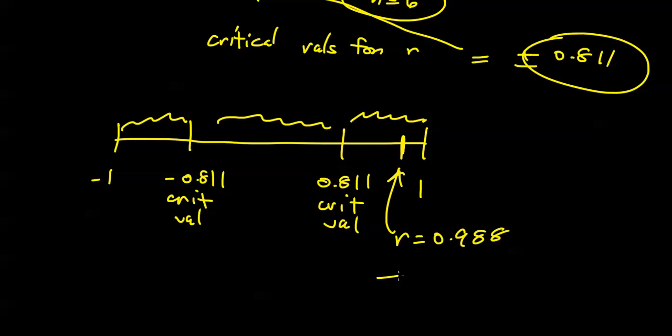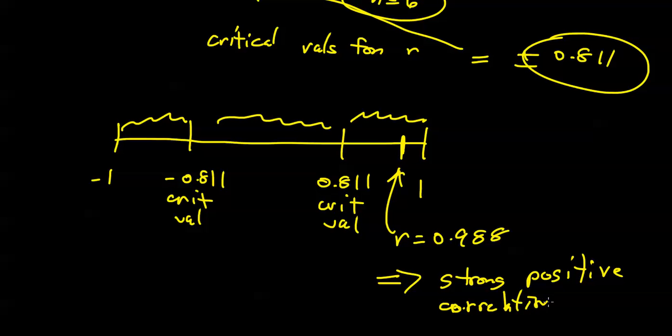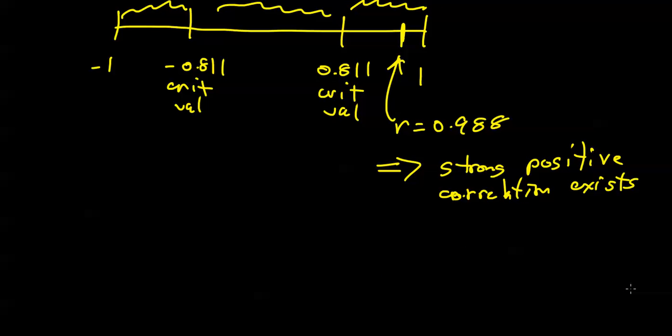So I claim, based on this table, based on the sample data, that a strong positive correlation exists between cost of pizza slices and subway fares between the years 1960 and 2003.